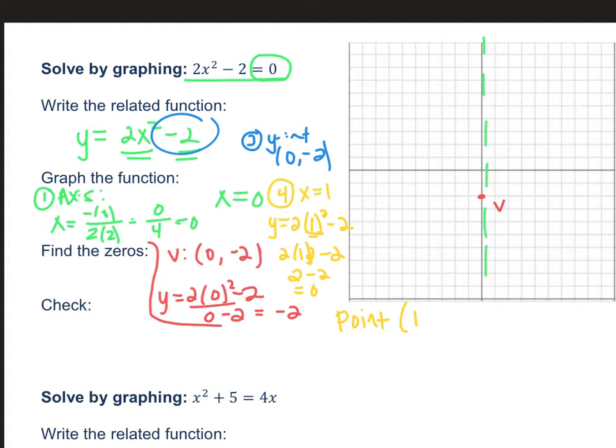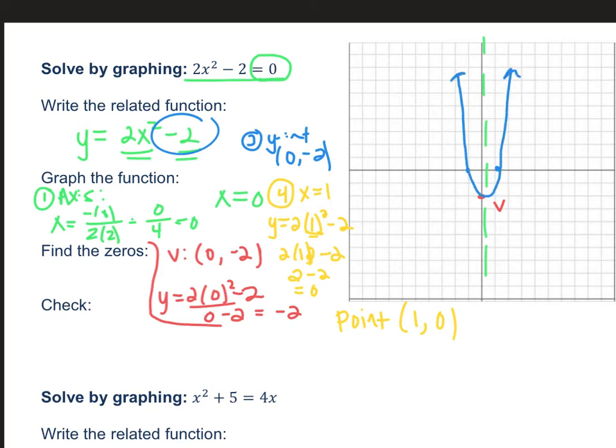We plugged in a 1 for the x, did the math, and got back a 0 for the y. So that's a point that we can plot on our graph. (1, 0) is right here, and that gives us a reflection point. So I can reflect it over to the other side in its same spot, and now we're going to have a better looking parabola right here.